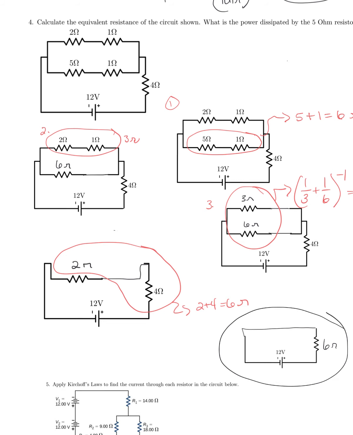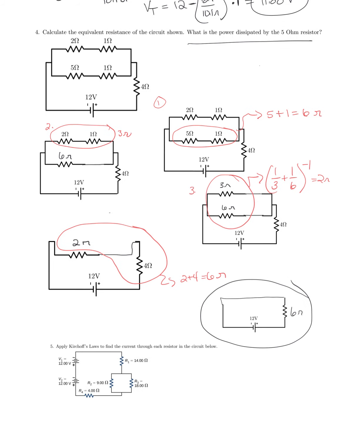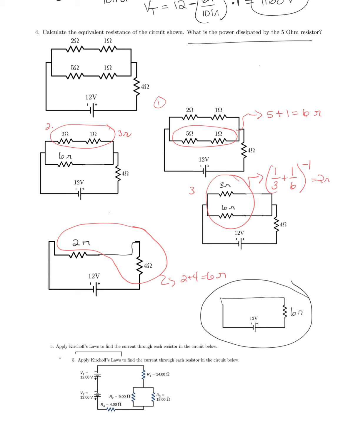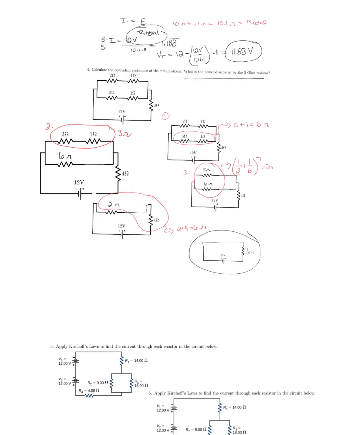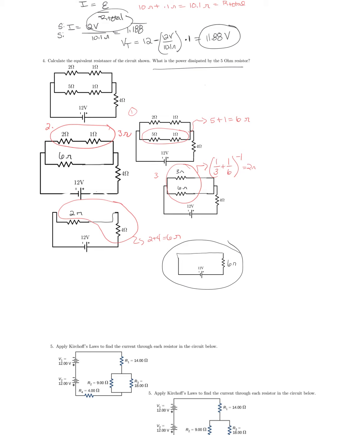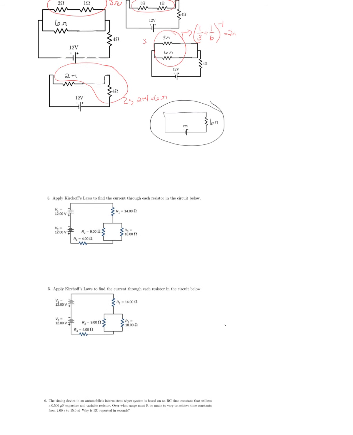And then that is your equivalent resistance. Well, then it says, what is the power dissipated by the 5 ohm resistor? Okay, let me move this guy down some. Then we're going to have to end up moving everybody down some.